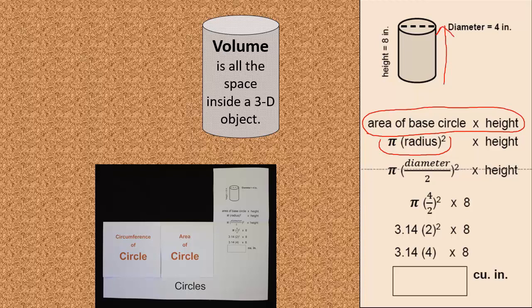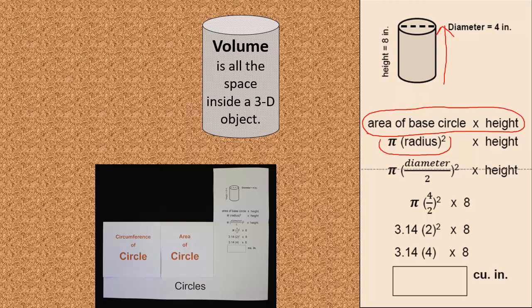Notice that the formula is asking for the radius, but look what's been given to us in the drawing. It's the diameter. This can happen on a regular basis. You need the radius, but you're given the diameter, or you need the diameter, but you're given the radius. So you always have to be aware of what you've been given and what it is that you need.